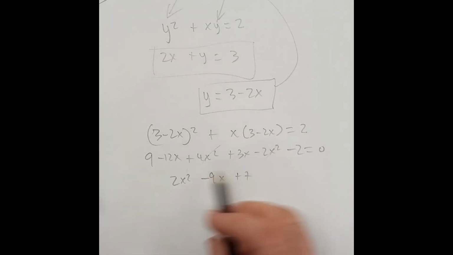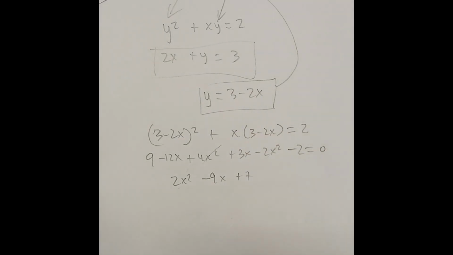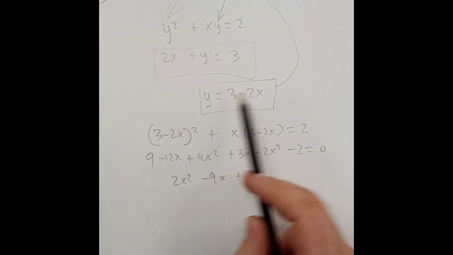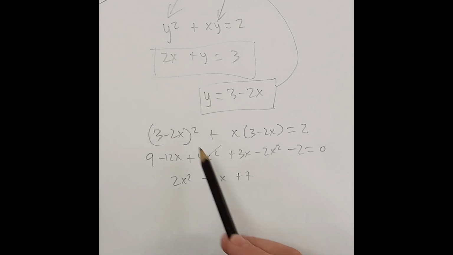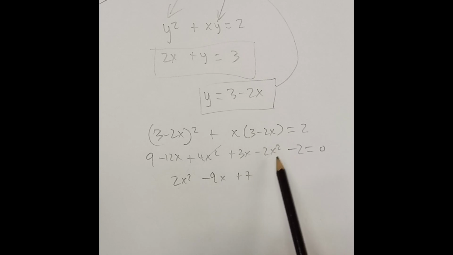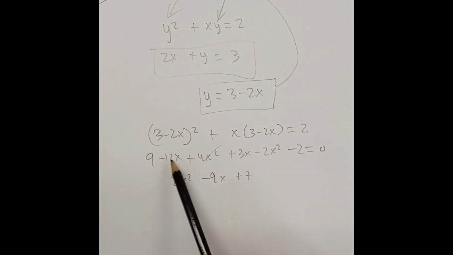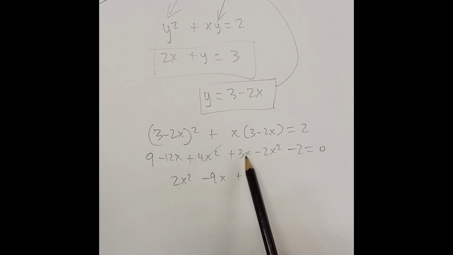I don't know if this is solvable with the minus b method or if I made a mistake there, so let's just double check that. Square the left, 3 minus 2x squared gives 9 minus 12x plus 4x squared, then 3x minus 2x squared, bring that 2 in. 9 minus 2 is 7, minus 12x plus 3x is minus 9x, and 2x squared.